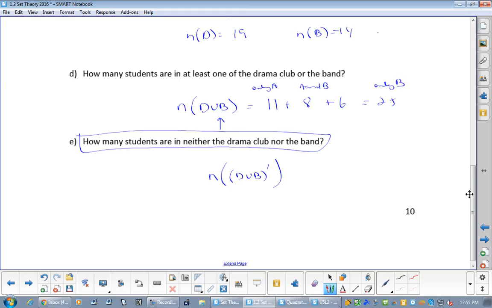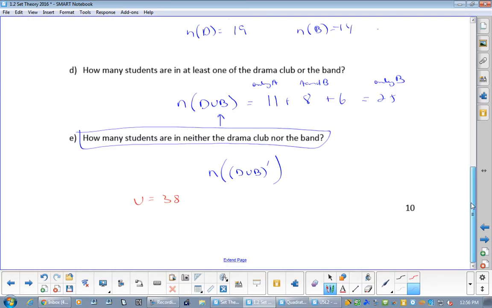That's a good question. Well, there's 38 students in grade 12, right? So U is 38. So you'd have to go, okay, what's the formula then? N, the complement of D union B would equal N of U, correct?